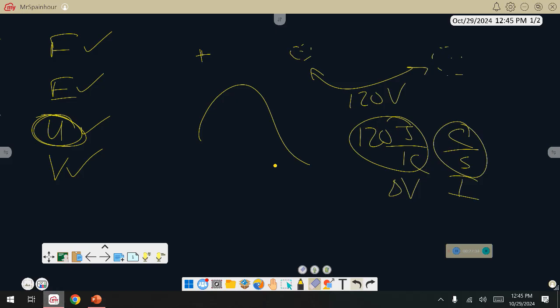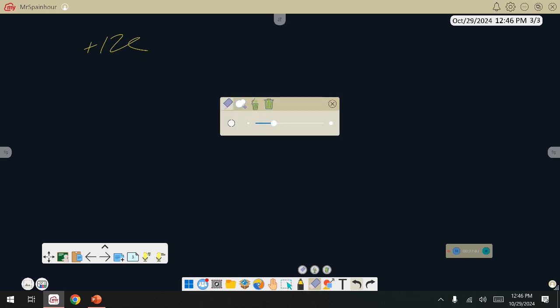Let's say, for instance, we have a charge over here of negative 12 coulombs. And over here, I'm going to move some charge.